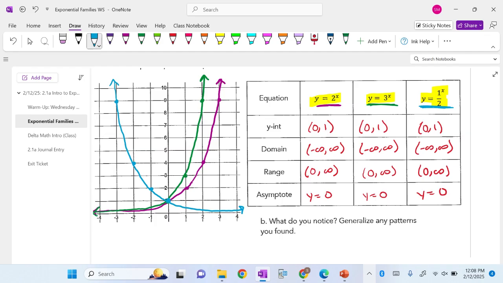So again, guys, you're just filling in that table and sketching those 3 graphs on that graph. Remember, range means from your lowest y value to your highest y value. So get rid of the x-axis.